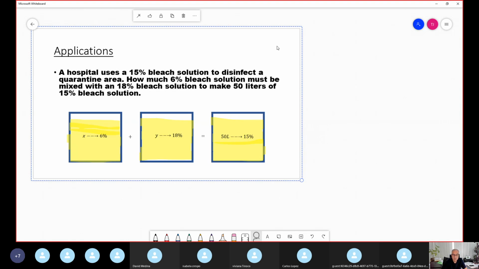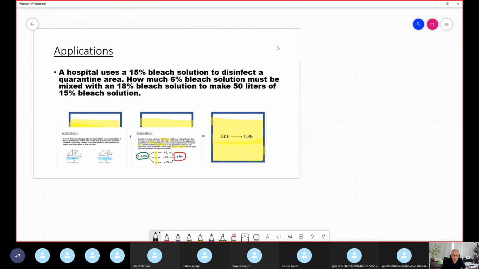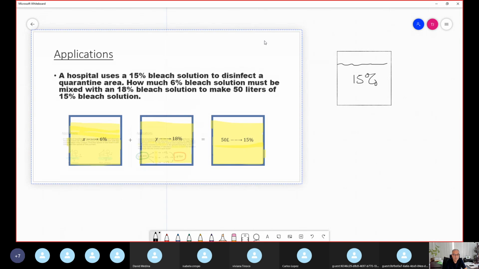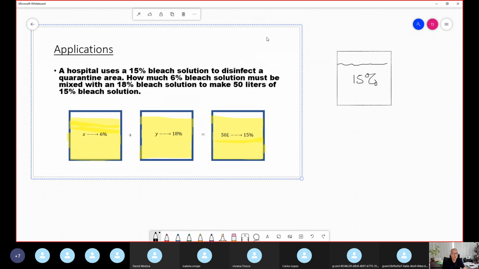But what it means, in one container we have 15% of solution. This is a bleach solution to clean something, disinfect.